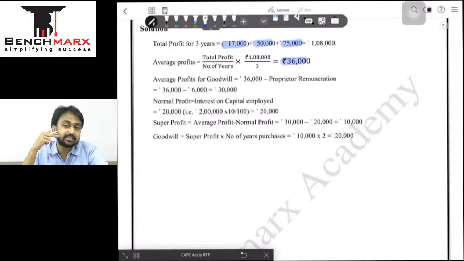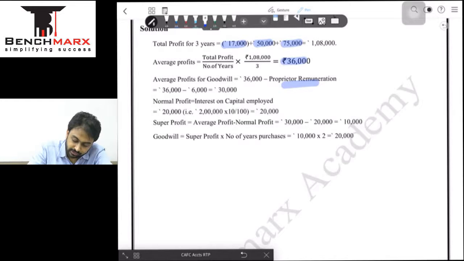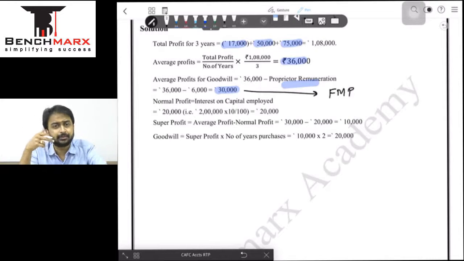If the question has given me details of future expenses or any opportunity cost, it is my job to adjust this from the average. So 36,000 minus the proprietor's remuneration should be adjusted for something called FMP or future maintainable profits. This appears to be 30,000. We normally subtract the remuneration of the alternative source because the industry average must have taken into consideration the normal opportunity cost or the basic expenses of management as well.